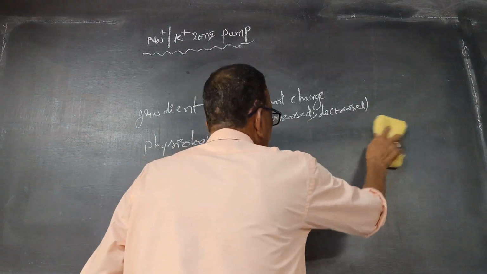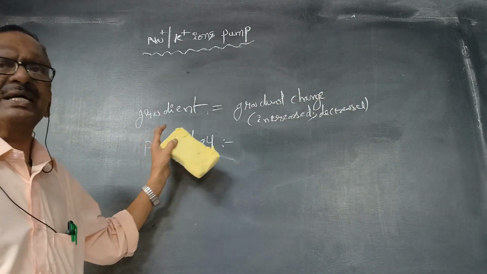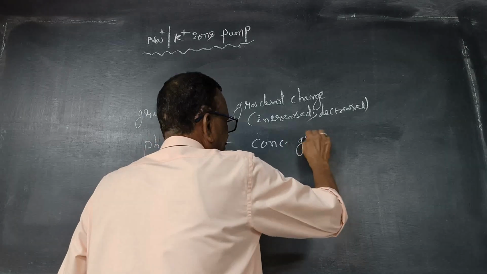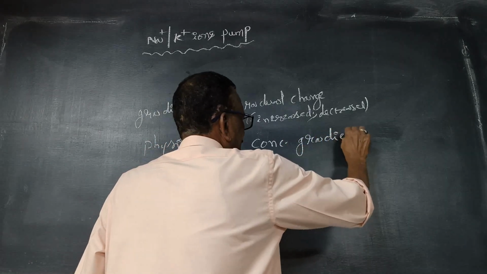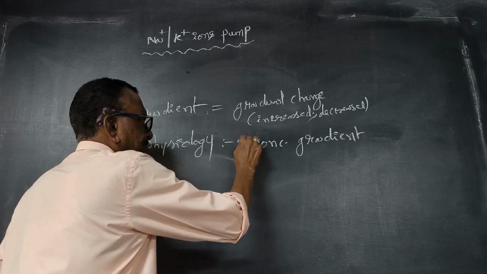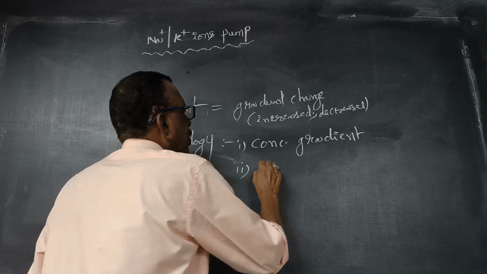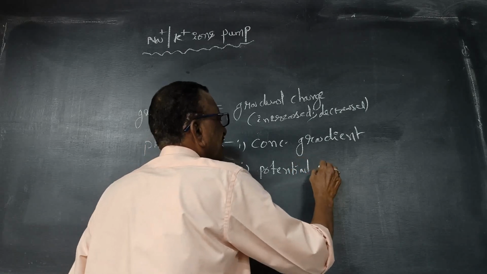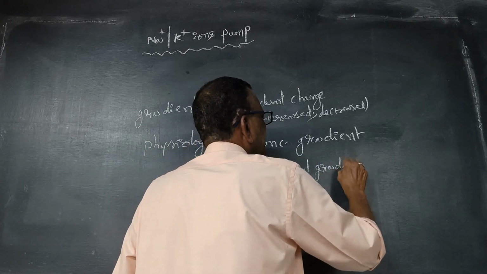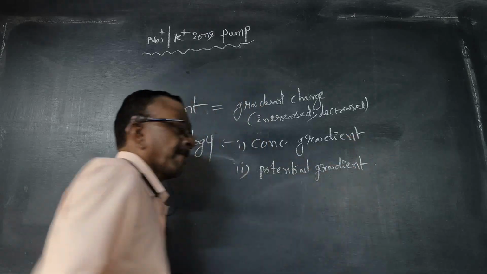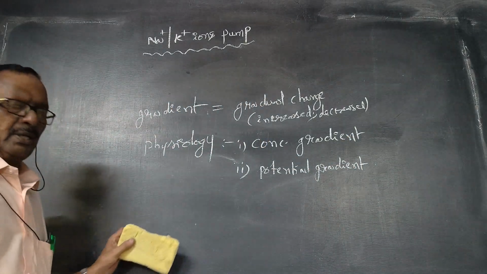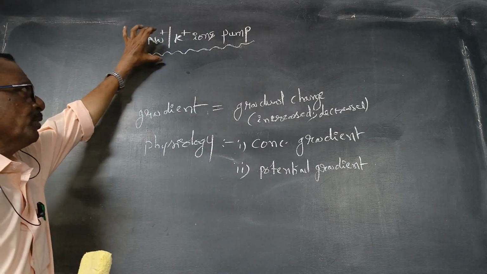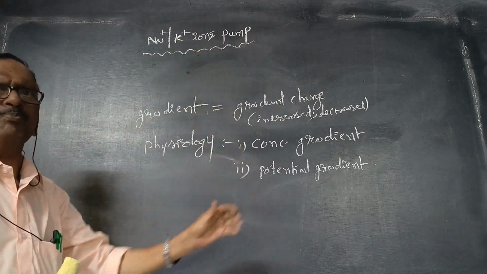Now in physiology, we have two types of gradient. One is concentration gradient, and the second one is potential gradient. We are studying this sodium potassium ions pump with respect to human beings.